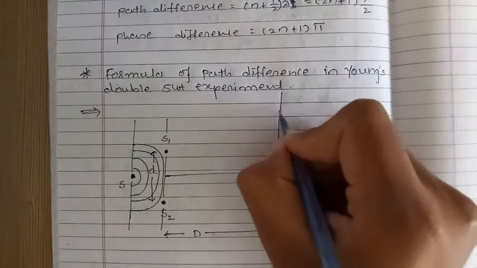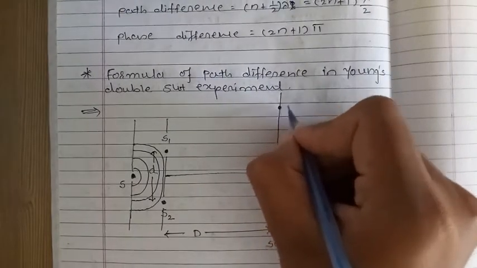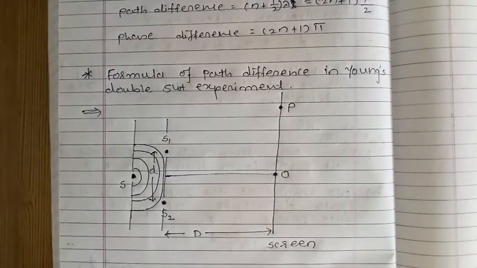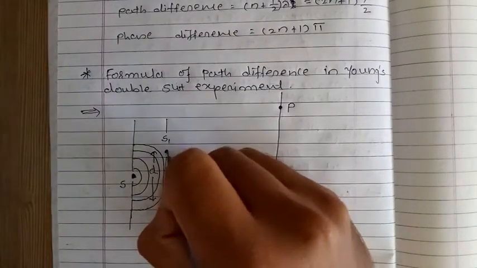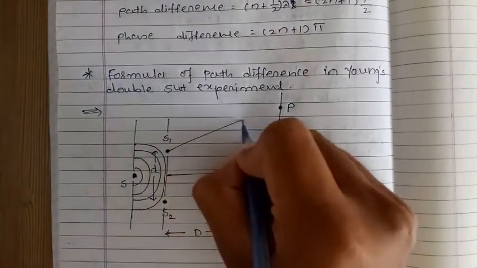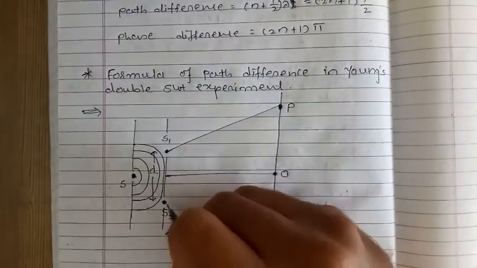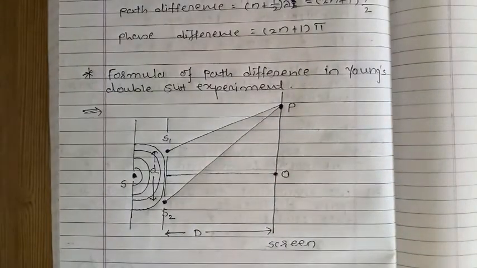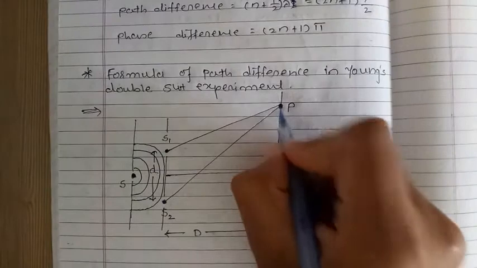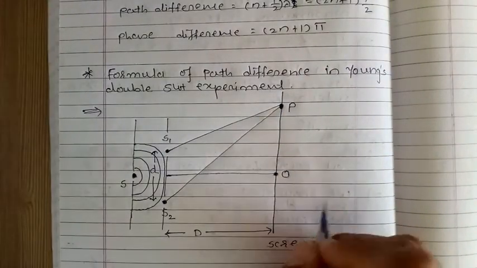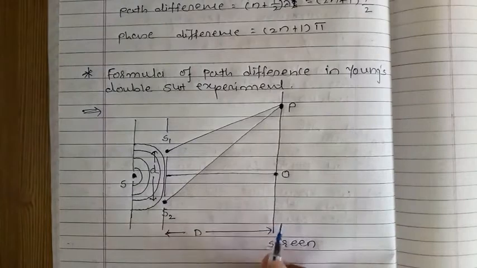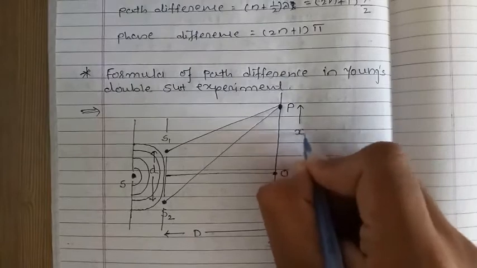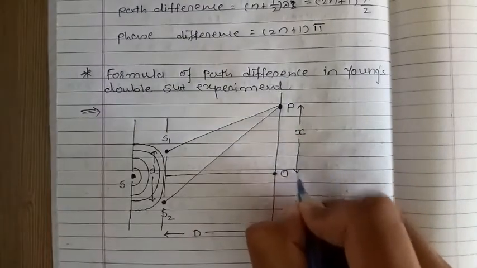So at some point here, P, the interference is obtained, right? So here we connect S1 to P and S2 to P. Okay. Now here we consider that the distance from O to P is X, right?